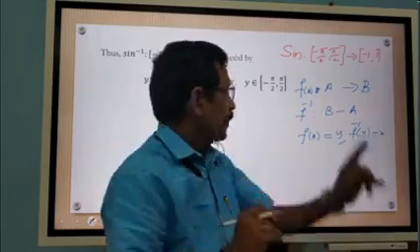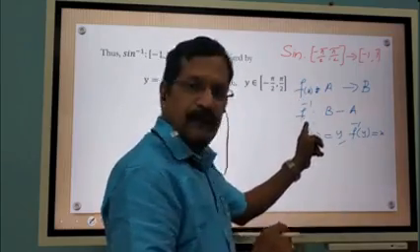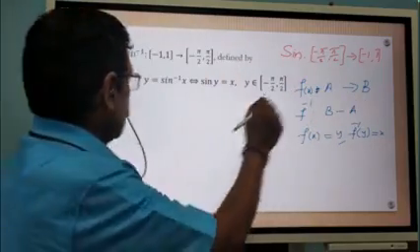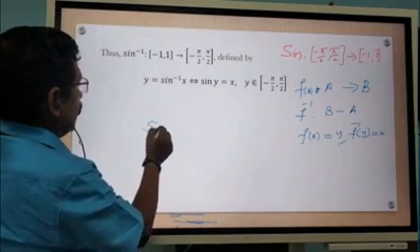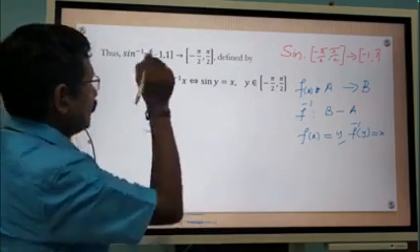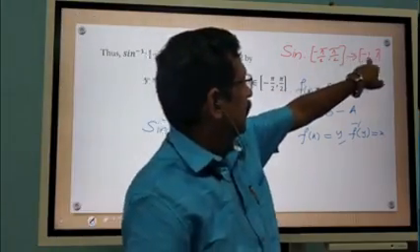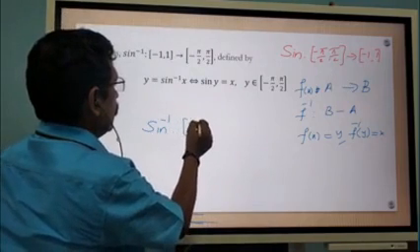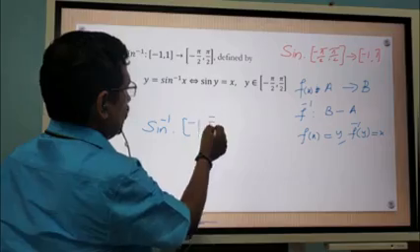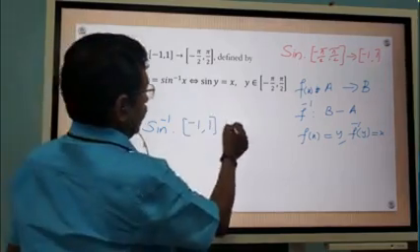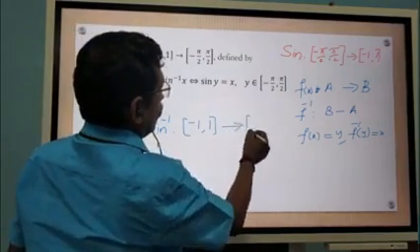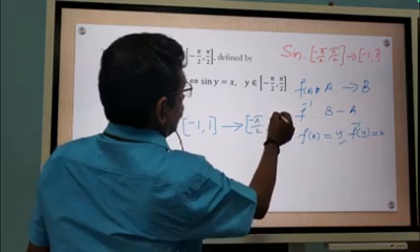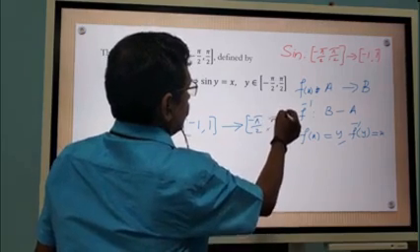So what about sine inverse? Sine inverse should be from minus 1 to plus 1 to minus pi by 2 to plus pi by 2. The domain is minus 1 to plus 1 and the range becomes minus pi by 2 to plus pi by 2.